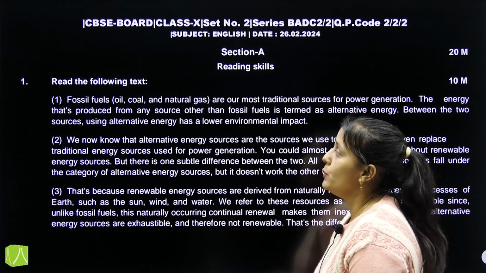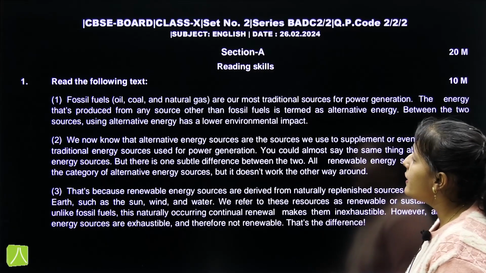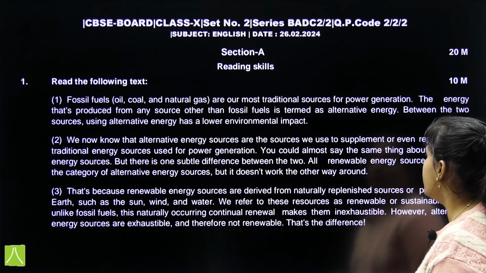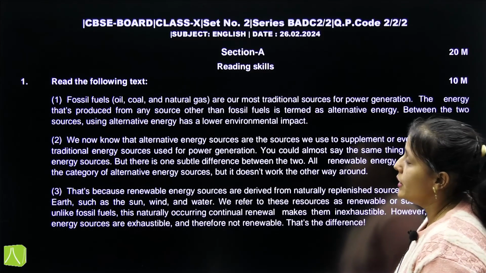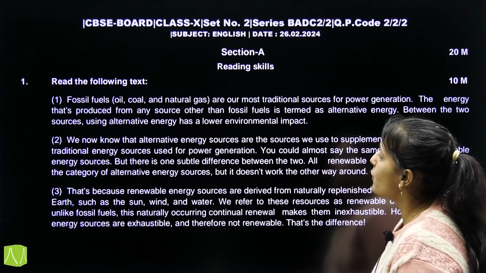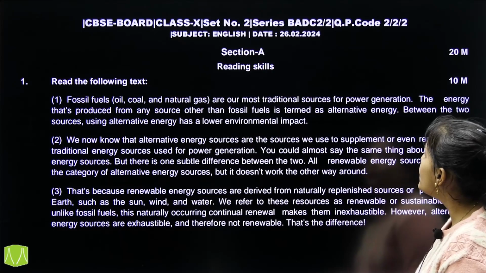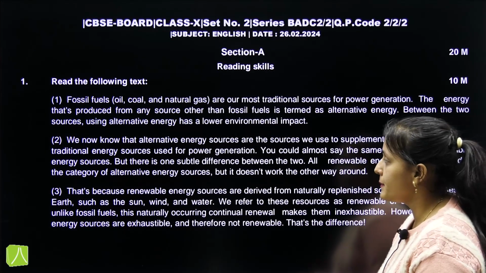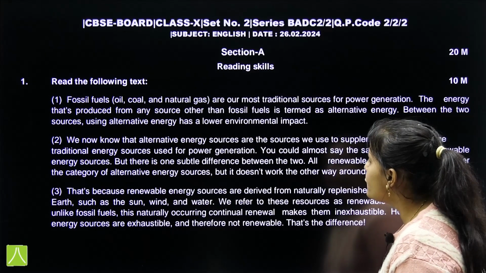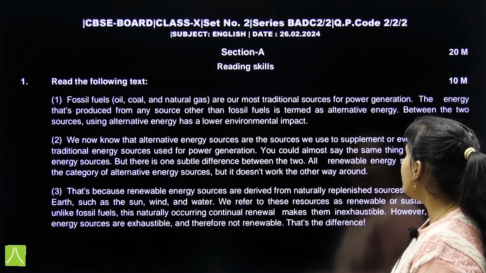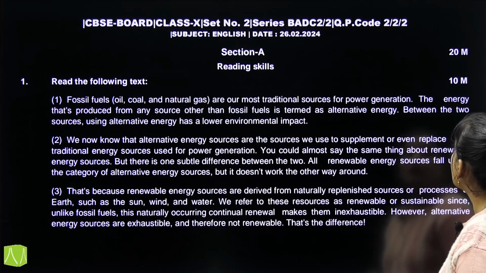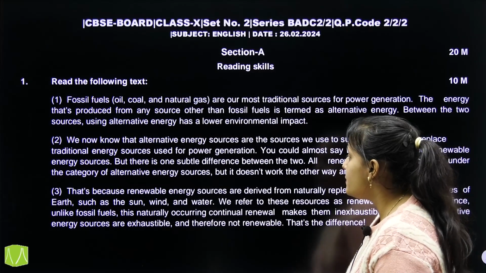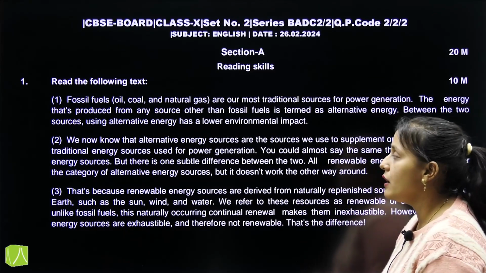Second paragraph, we now know that alternative energy sources are the sources we use to supplement or even replace traditional energy sources used for power generation. You could almost say the same thing about renewable energy sources, but there is one subtle difference between the two. All renewable resources fall under the category of alternative energy sources, but it doesn't work the other way around.